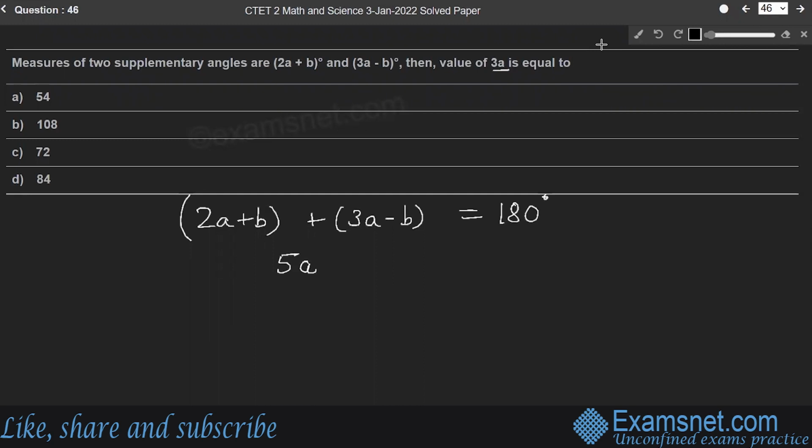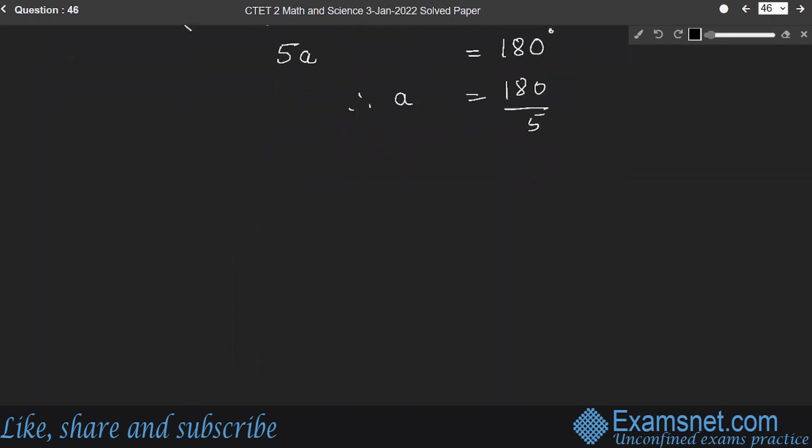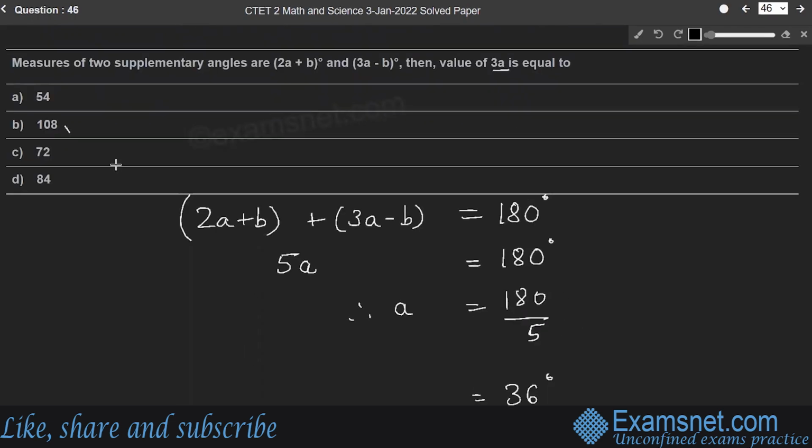B minus B is equal to 0. 5a is equal to 180 degree. Therefore, a is equal to 180 by 5, which is 36 degree. Therefore, 3a is equal to 3 into 36, which is 108 degree. Hence, B is the correct option.